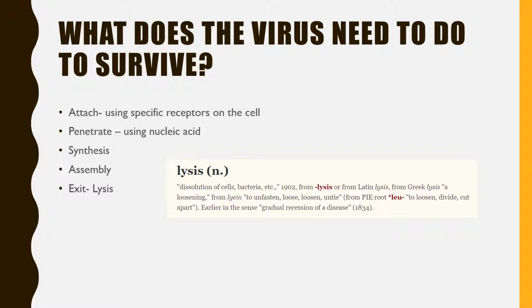After they're assembled, they're released using lysis and also with the aid of neuraminidase. Looking into the etymology of the word lysis, I found that it comes from Greek and Latin origins, generally meaning to unfasten, loosen, or untie, which is relevant to the virus escaping the cell so that it can be released.